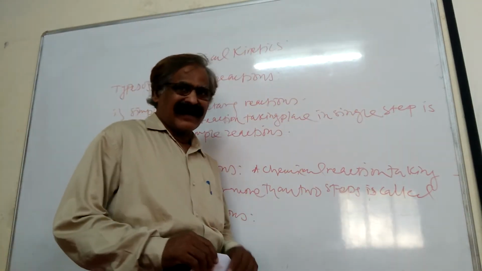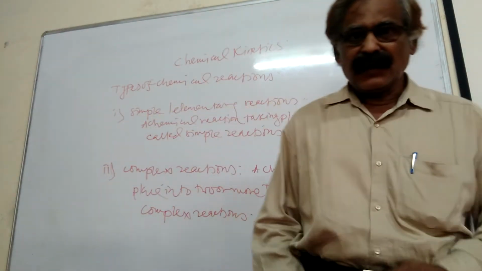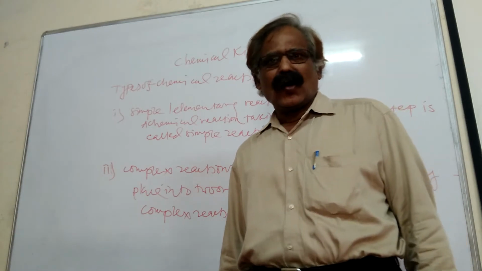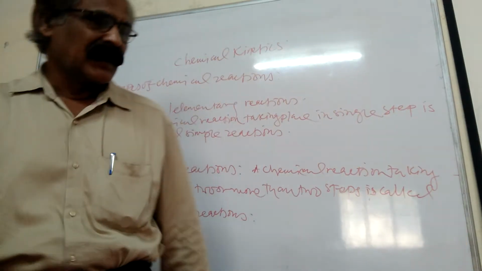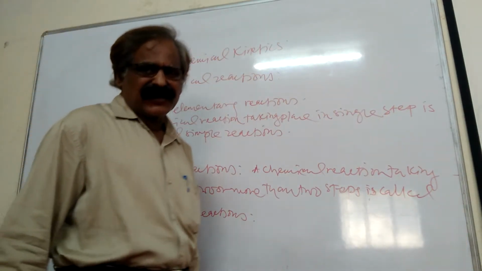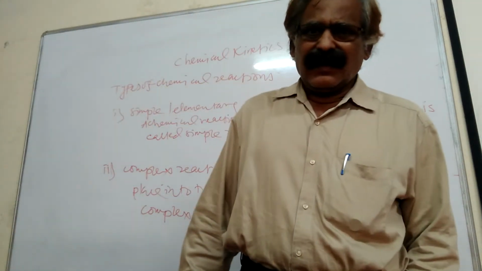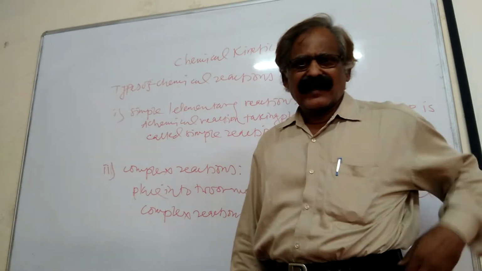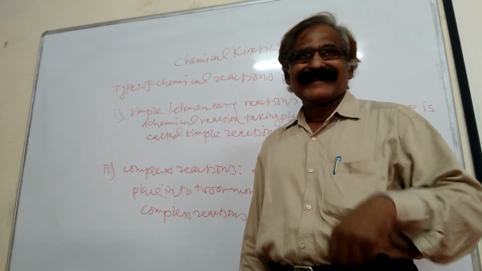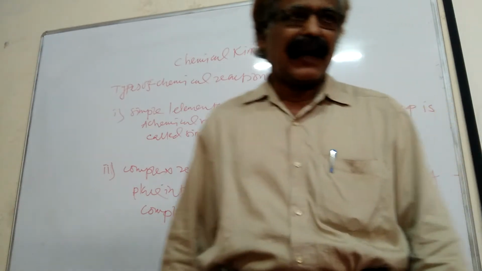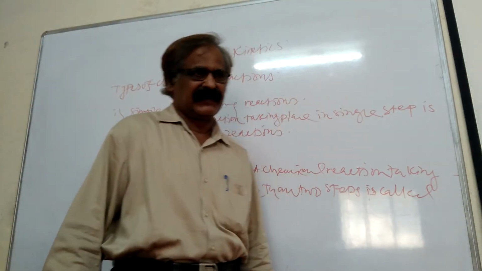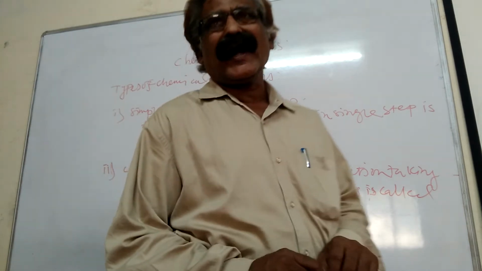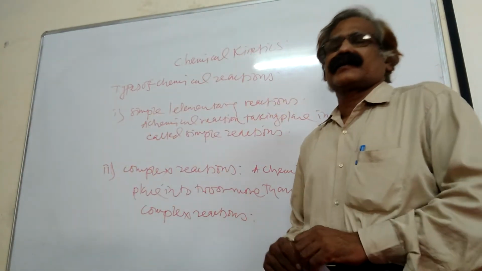Chemical reactions are classified into two: simple reactions and complex reactions. So what are simple reactions? The chemical reactions which occur in single step are known as simple reactions. Simple reactions are also known as elementary reactions.